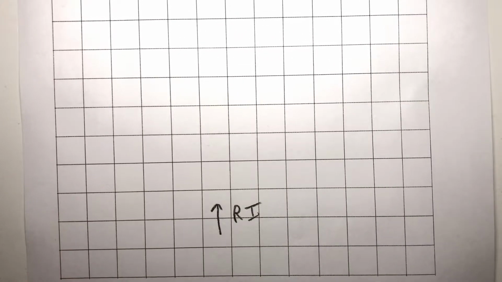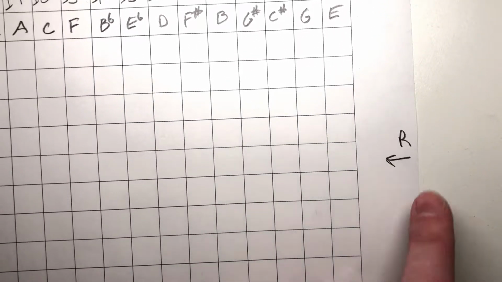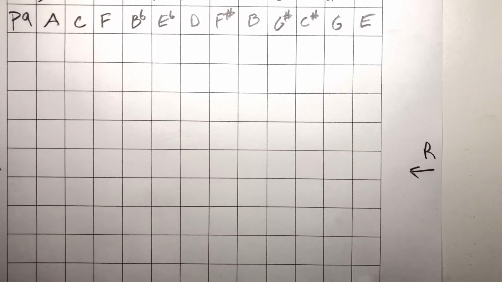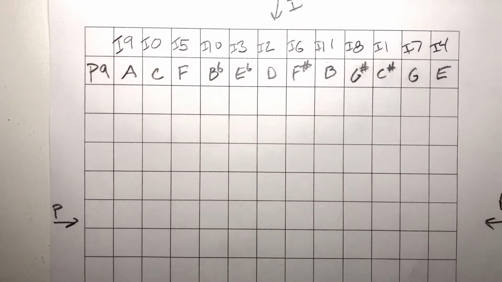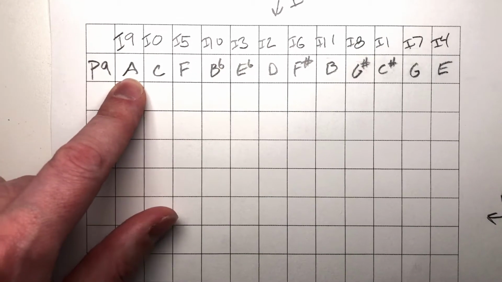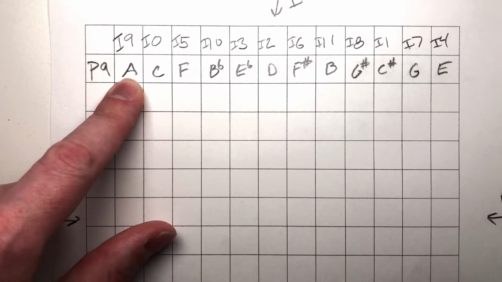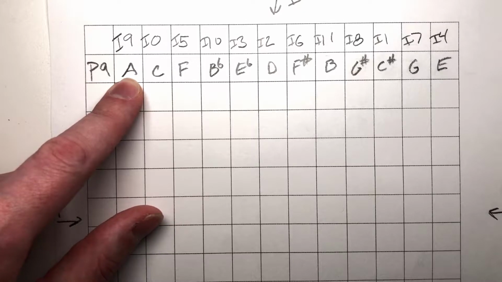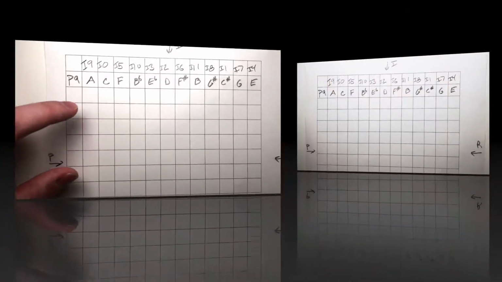RI, if you read up the matrix, is the retrograde inversion. And if you read this way, it is the retrograde. So we have our initial series, which is the P9 series. It's 9 because A is the 9th note up from C, which is 0. That's where we get the 9 from.